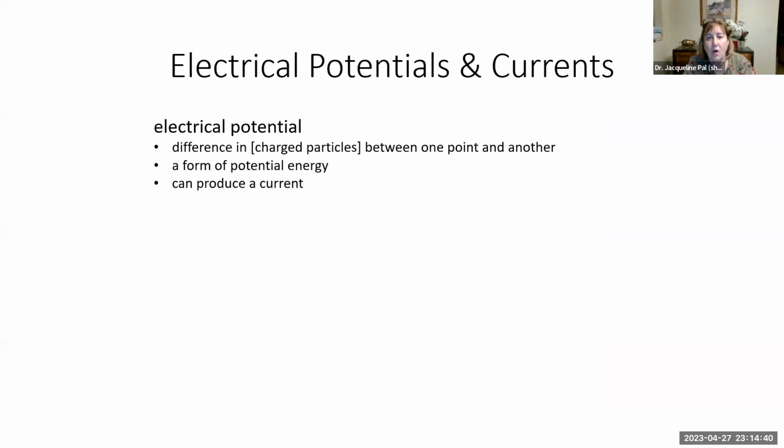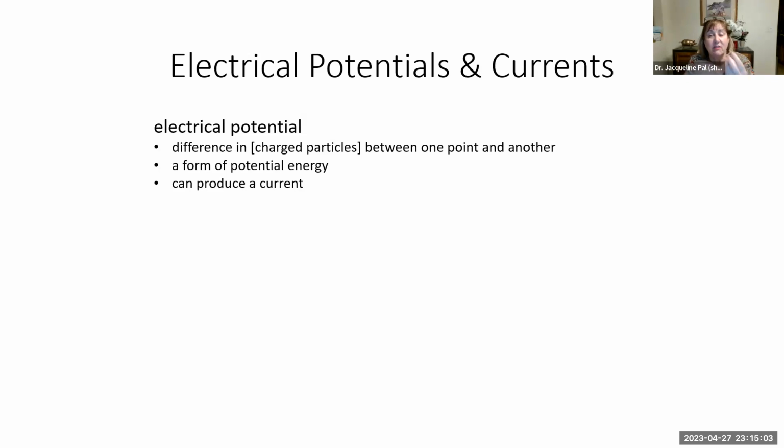So let's just talk a little bit of physics, okay, because of the words that are used. An electrical potential is the difference in charged particles between point A and point B. And this difference in charge is a potential energy.